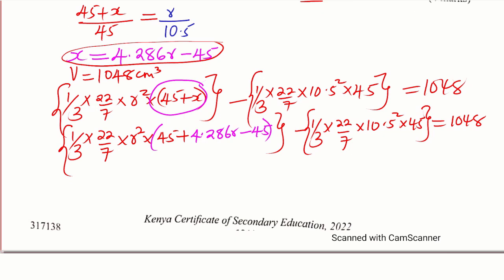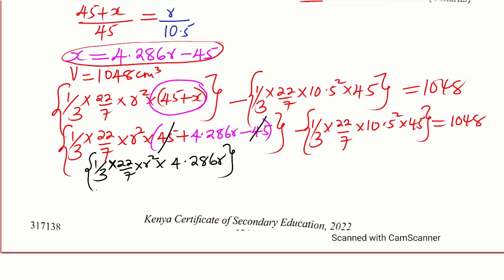So again, I'll simplify these. You notice that the 45 and the 45 get subtracted, and you will have a third times 22 over 7 times r squared times 4.286r.